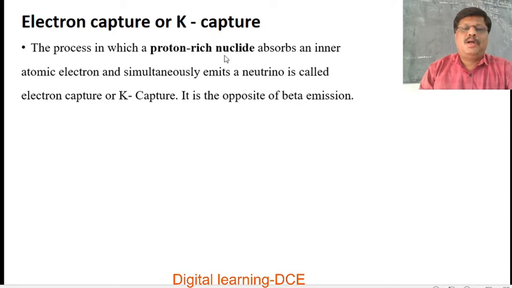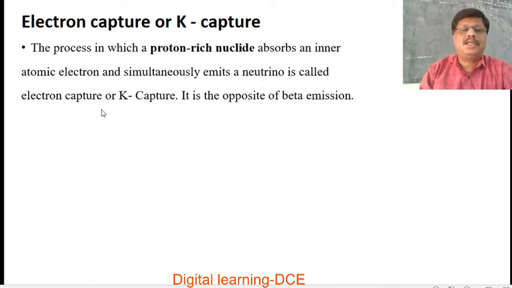In beta emission, a proton is converted into a neutron by emitting the beta particle. Here the electron is absorbed by the proton, which converts into a neutron, and simultaneously a neutrino is emitted.